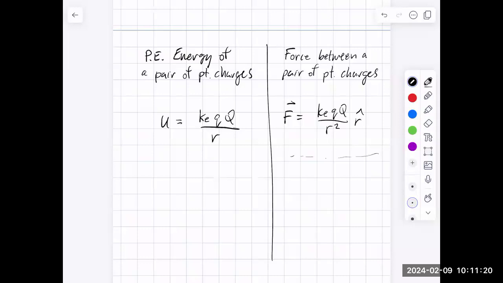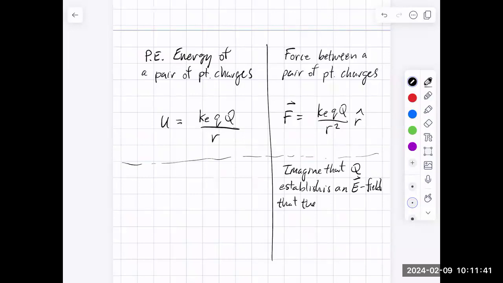So what we did for force is we said, let's imagine that Q establishes an electric field that then exerts a force on little q.